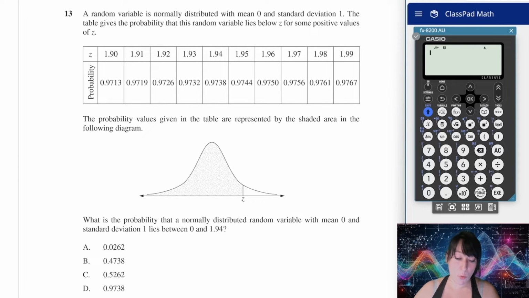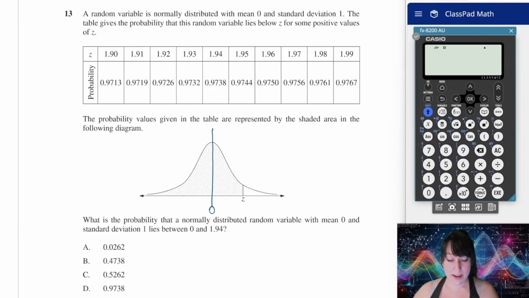Then it says, what is the probability that a normally distributed random variable with mean 0 and standard deviation 1 lies between 0 and 1.94? Now, in this case, the standard normal, the mean is 0, and that's what we have in the center.